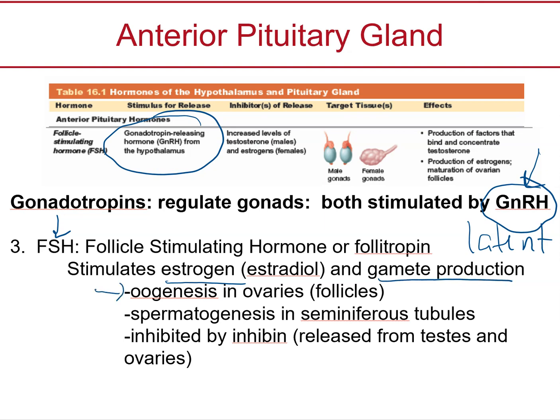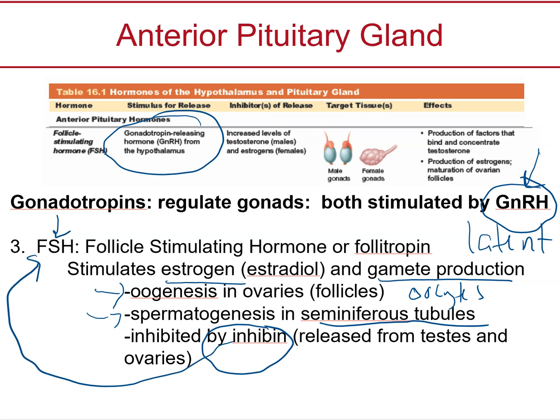So in the eggs, it's going to cause oogenesis, which is the production of eggs or oocytes. In the male, it's going to cause a formation of sperm, which is called spermatogenesis, and it happens in those coiled tubes inside the testes. Now, inhibin is a hormone released from the testes and ovaries, and it inhibits FSH, so it has its own little feedback loop within it.